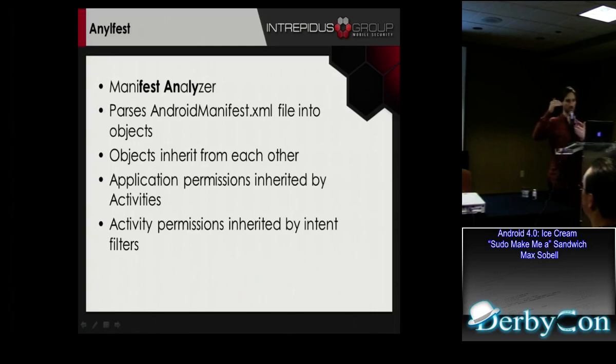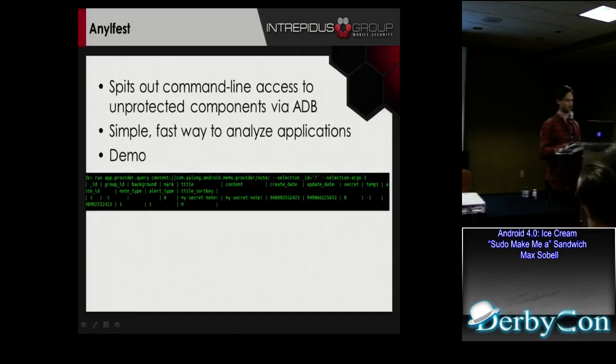But then those objects can inherit from each other, right? Because if you look at an Android manifest file, it maybe goes like 5 elements deep. So you want to have permissions inheriting from all of the parent objects. And what it'll do is just kind of spit out unprotected components. And it does a couple extra things. It'll spit out shared UIDs and stuff that we'll get to more later, and custom permissions.